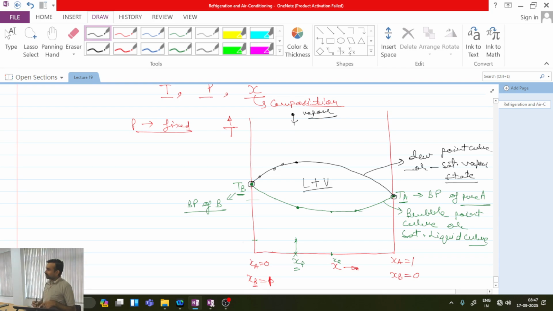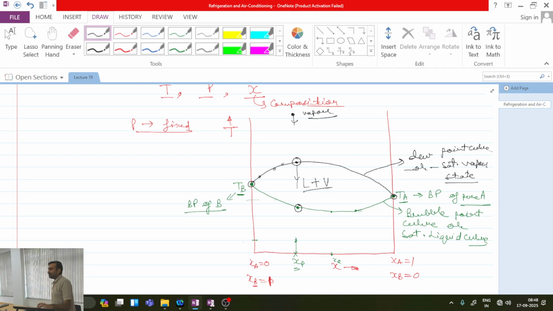But whenever I am referring to a mixture, at any composition, my boiling point is different and dew point is different. So whenever I have a mixture, the boiling point temperature and dew point temperature will be different. And another important point is, if at the same composition you keep on continuing the cooling process, what will happen?